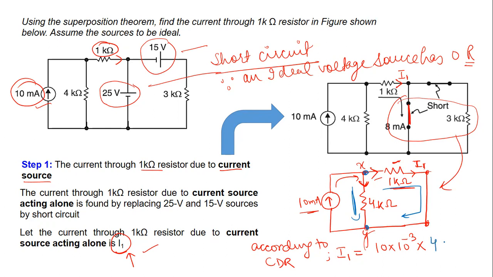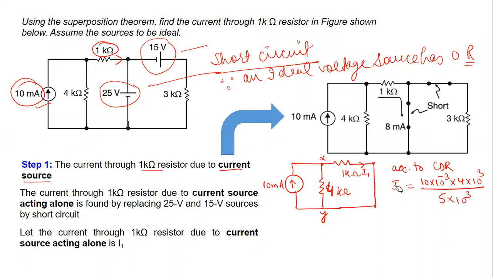So it is 4 into 10 raised to the power 3 ohm, divided by the sum of these two resistances because they are in parallel, so it is 5 into 10 raised to the power 3. By using this equation, we can find the value of I1 because of the 10 milliampere source that is flowing in the 1 kilo ohm resistance.